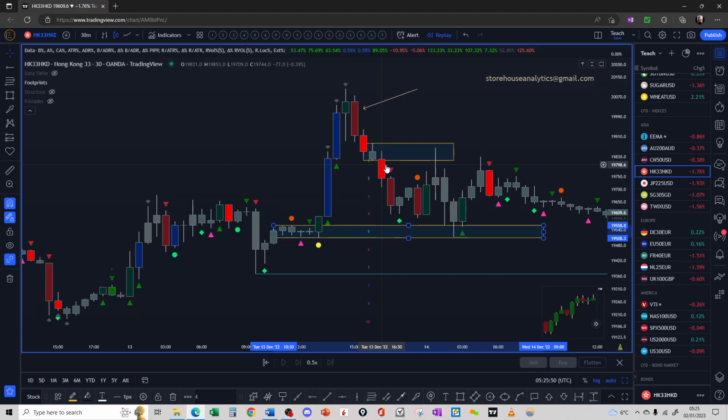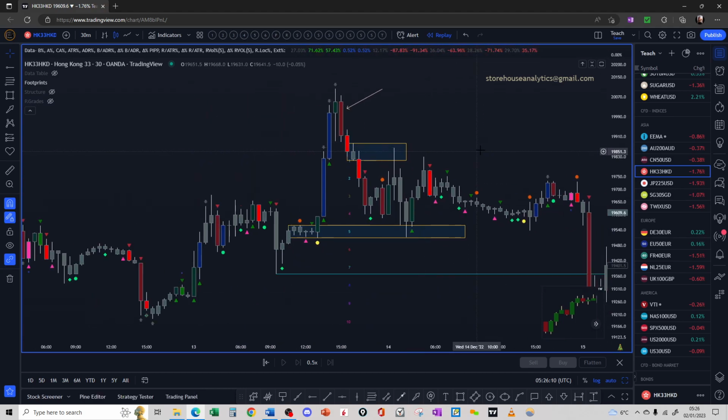Would I still take that? Probably. But again, I don't know that until I do other evaluations of where this zone is located, for example, of what the context is of this zone. Those are all filters that we will get to in the coming weeks. Don't worry. Remember, no secrets.